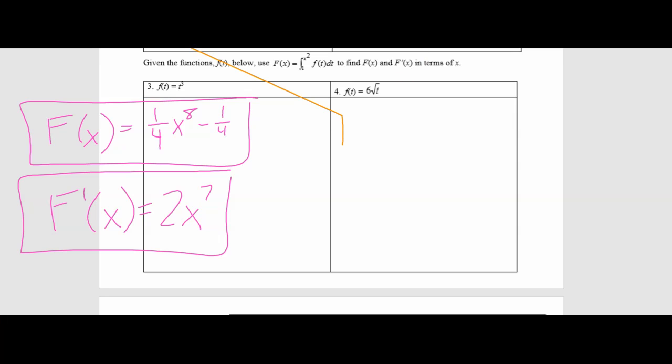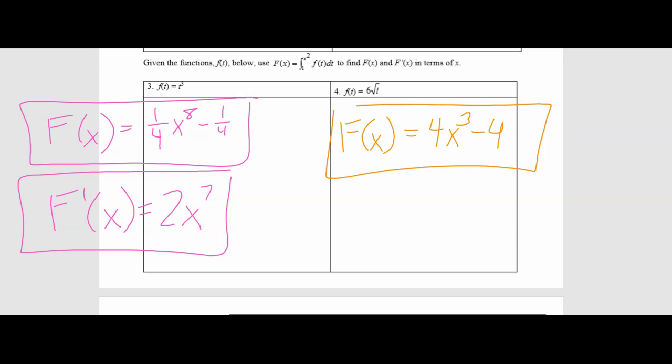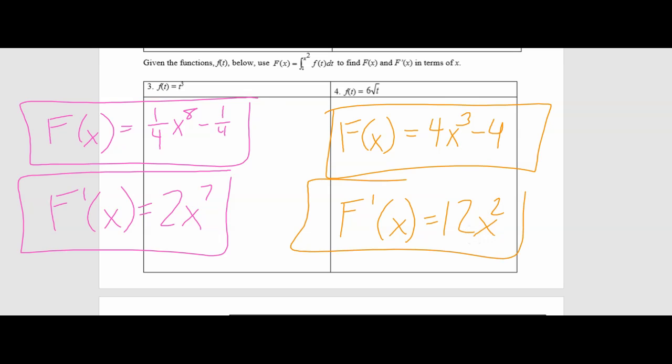And finally, for number 4, f of x is equal to 4x cubed minus 4, which means f prime of x is just equal to 12x squared.